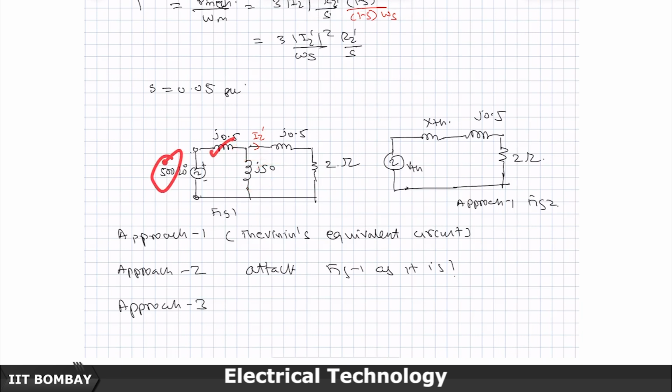So, almost the whole of this voltage will come across here, and Thevenin's impedance will practically be dictated by the shorter value, because the other is much longer.